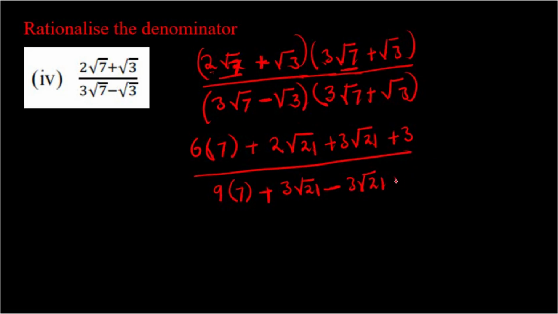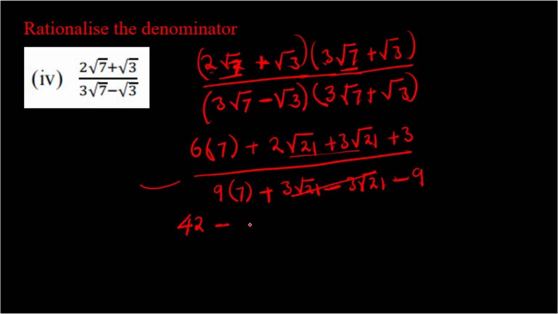Then this times that is a negative 9, right? So we already know that this part will be 0. So I have to multiply 6 times 7. If you do 6 times 7, what answer do you get? You get 42, like that, right?